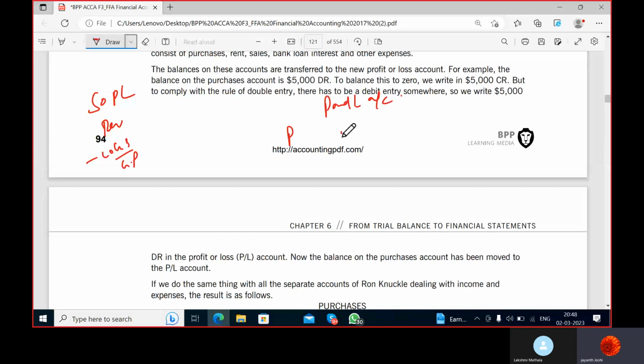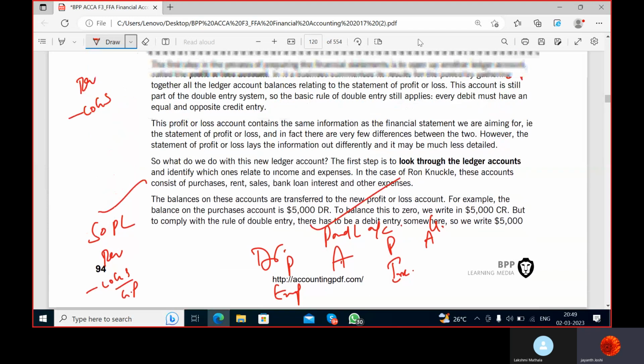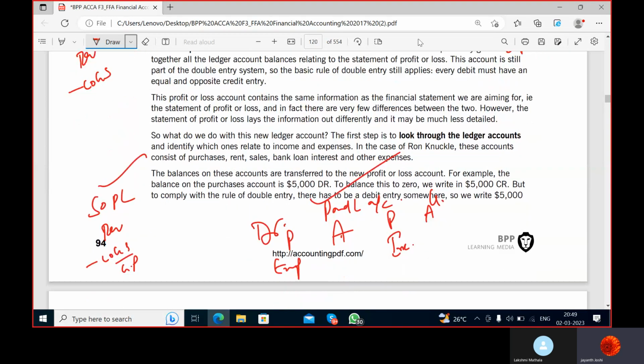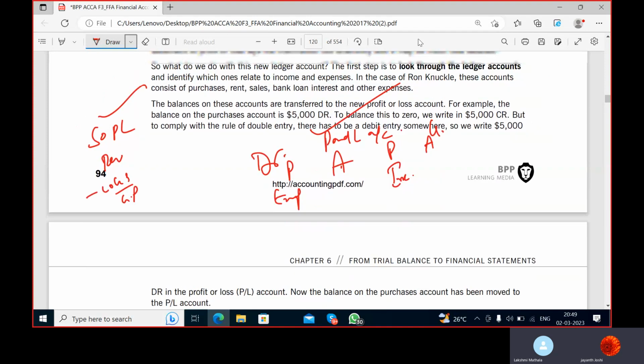In debit, you used to write all the expenses, and in credit, you used to write all the incomes. Yes, sir, this is an account. Okay, so they are speaking about the profit or loss ledger. So all the expenses would go in the debit, all the incomes would go in the credit, correct? Yes. For example, here we'll see what we have.